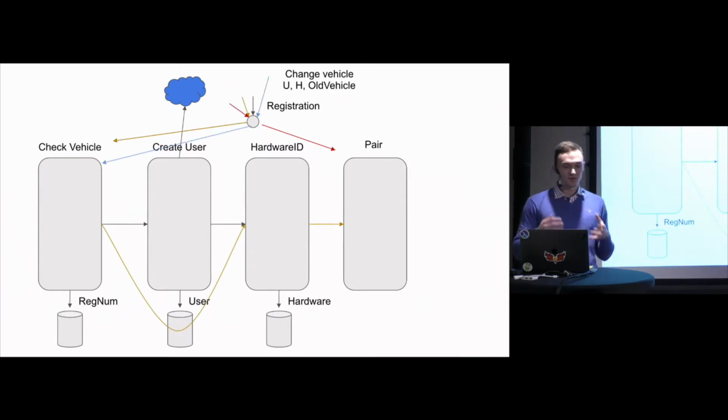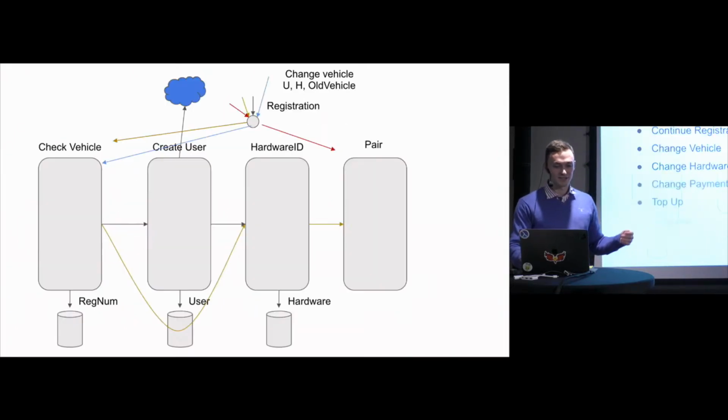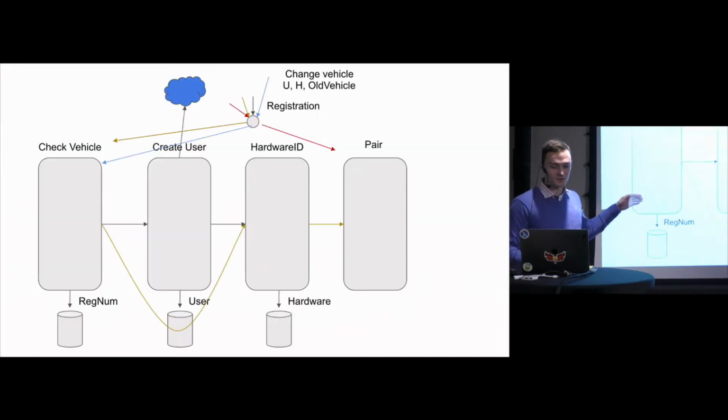And now let's make it even more complicated. We were smart guys and we decided we should reuse these screens in all our other flows, when the user wants to change vehicle. But we also did it in the wrong way, and instead of making some smart configuration or using a modern architecture pattern like MVVM, we decided, okay, let's just hard code this in the view controller and check if the user is going to the change vehicle screen and has this information, then we should go, for example, to the pair screen or something like that.